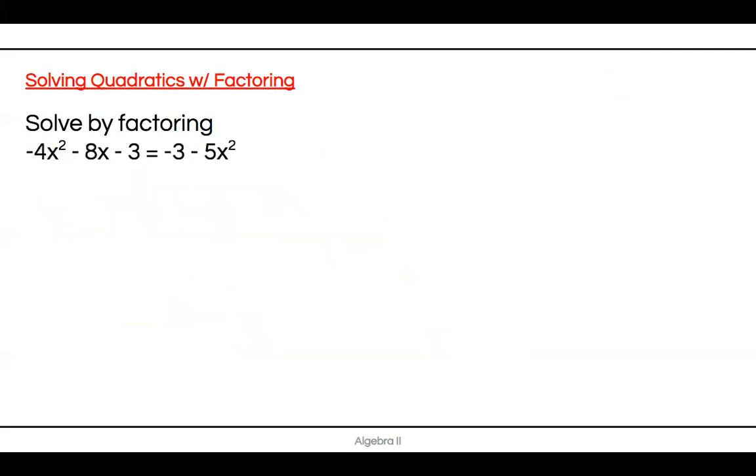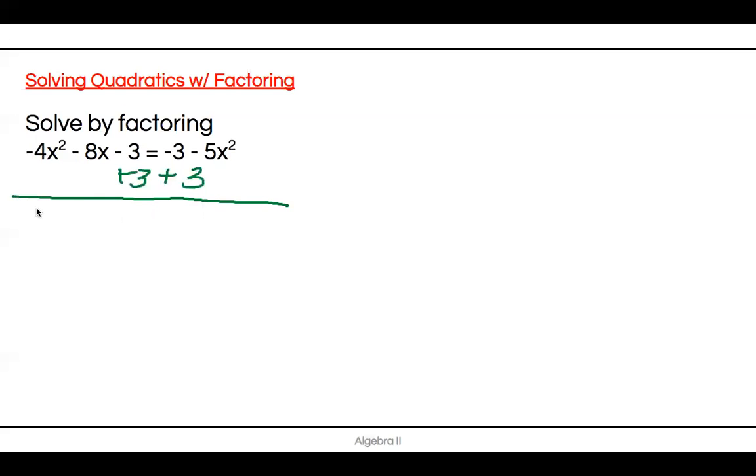So we have negative 4x squared minus 8x minus 3 is equal to negative 3 minus 5x. So of course, the first thing that we need to do is make it equal to 0. So I'm going to add 3 on both sides.